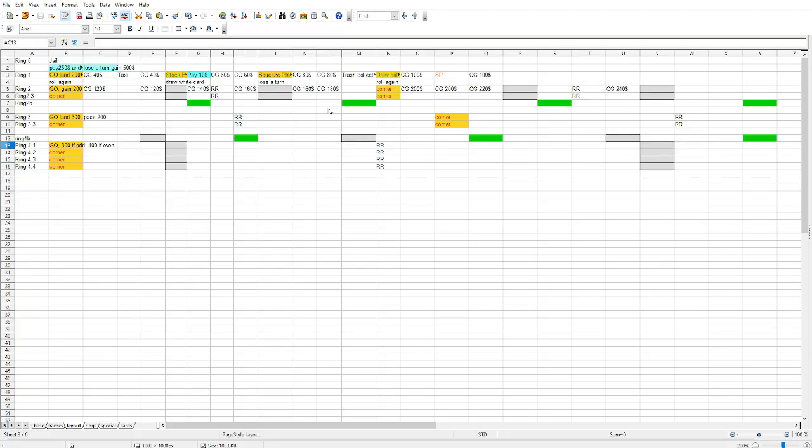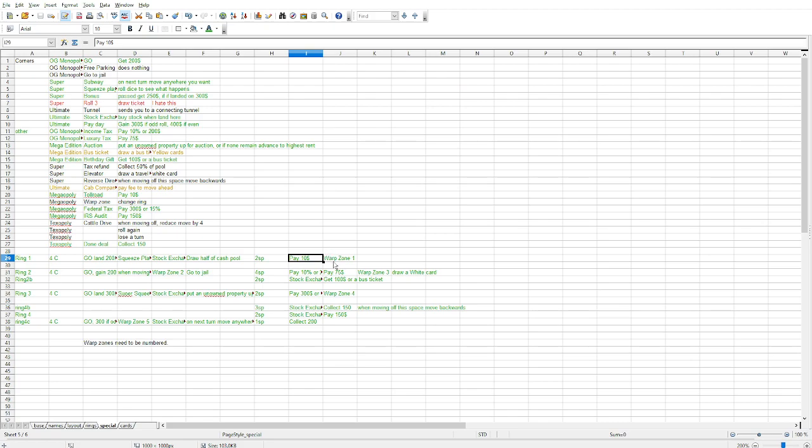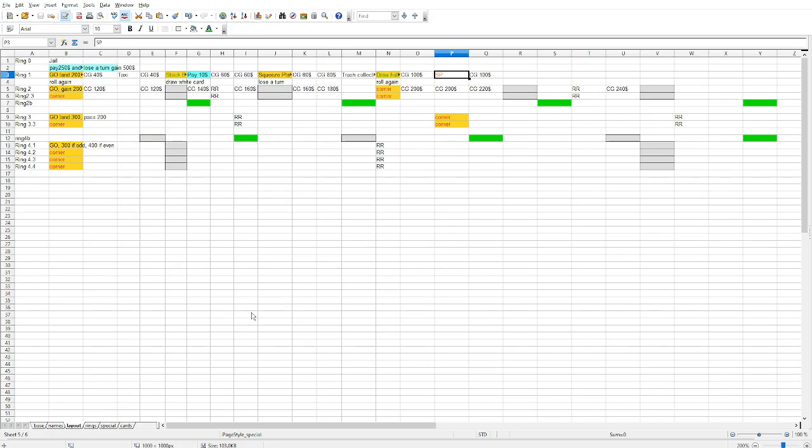Okay, so, all right, I need to fill in what is the second special space on ring 1, which is a warp zone. Keep alt tabbing. It doesn't work.